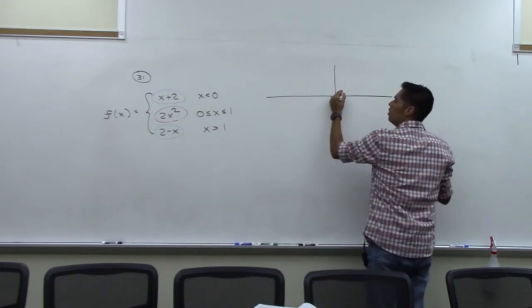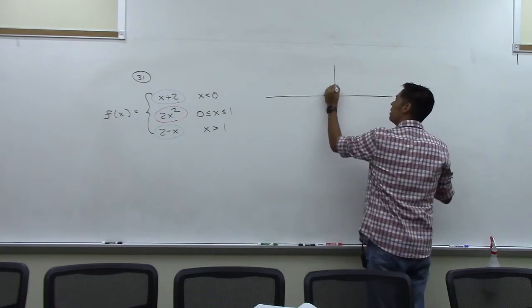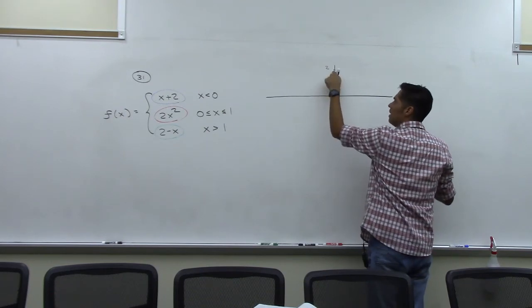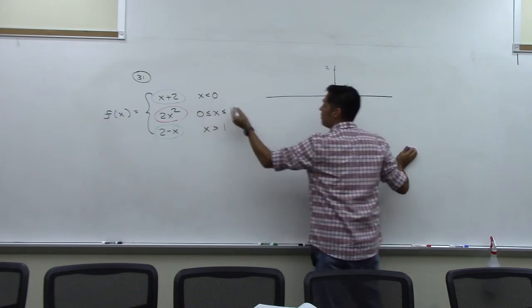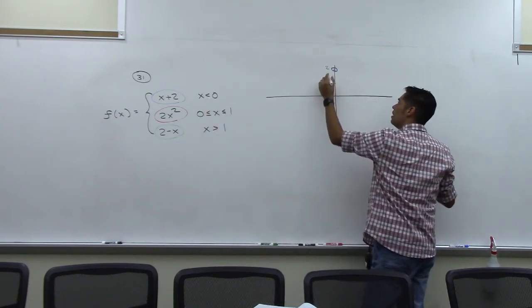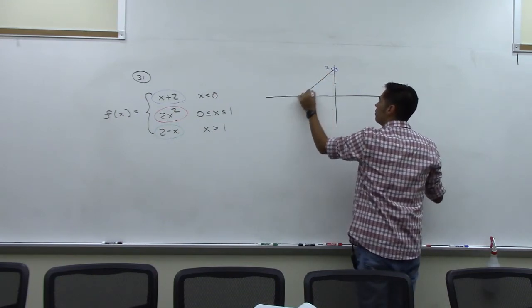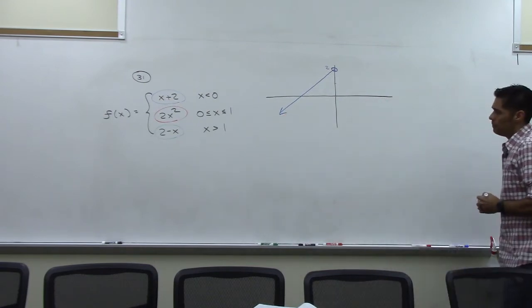It would hit right here at 2 if I was allowed to be at 0, but I have to be to the left of 0. So I'm going to put an open hole here, and then it goes down 1 over 1, like that. There's x plus 2.